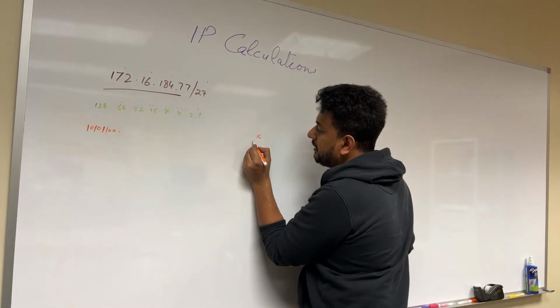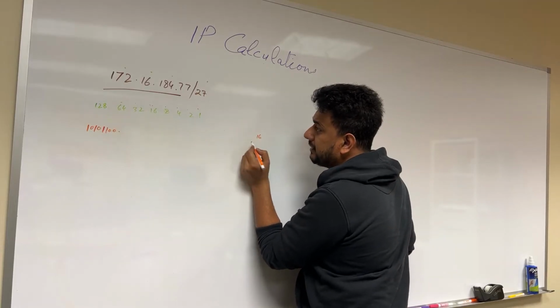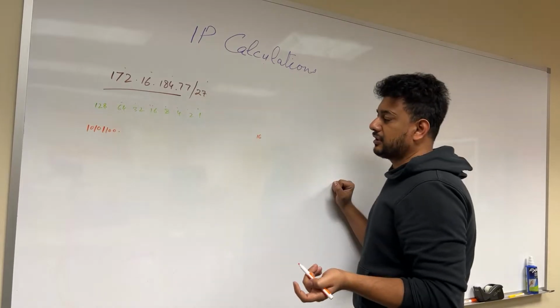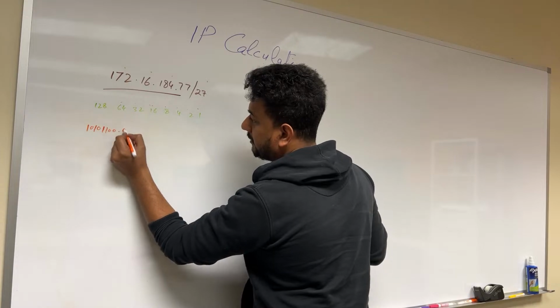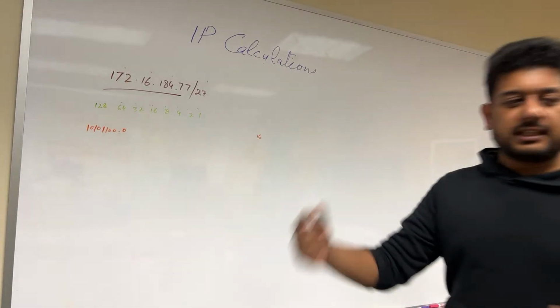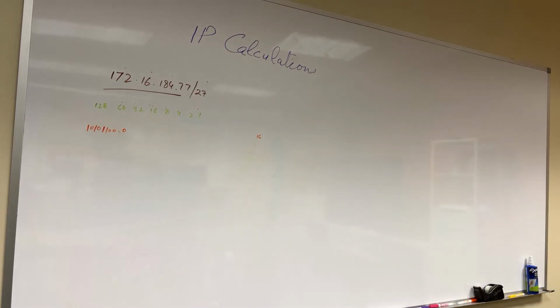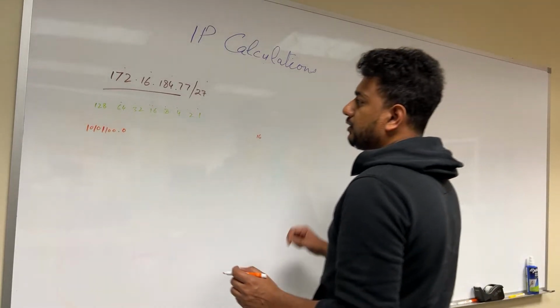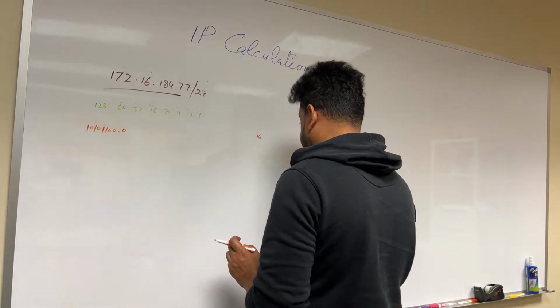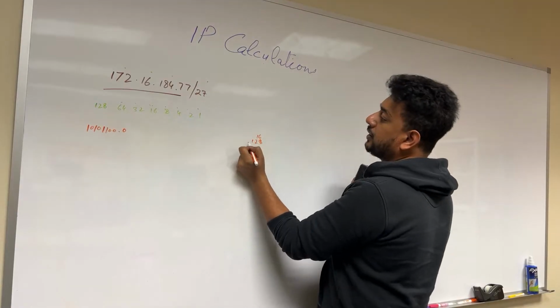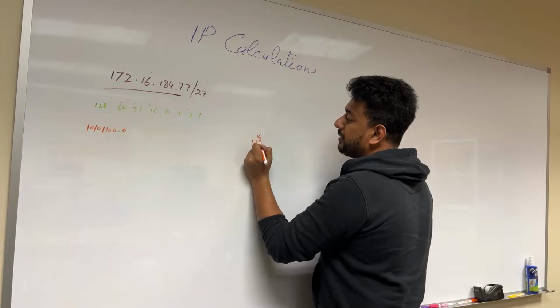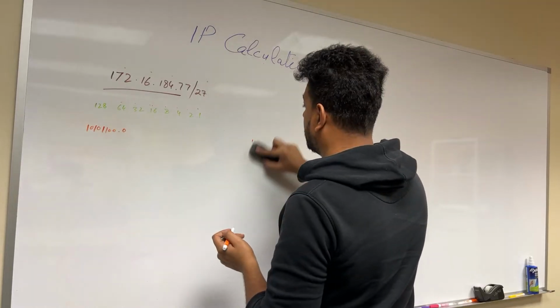Okay, can we subtract 128 from 16? That's not possible, because 128 is a bigger number. So we type 0. I'm trying to explain in a complete way so you guys understand. I'm going to write this here as well. You cannot subtract 128 from 16, so that's why it's 0.